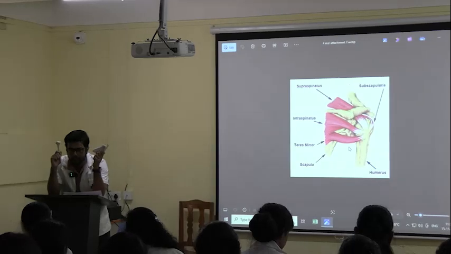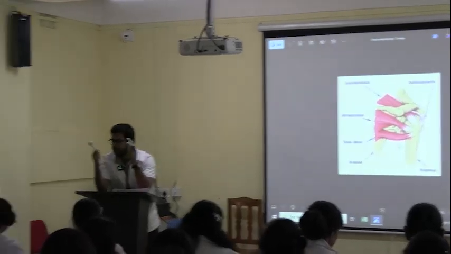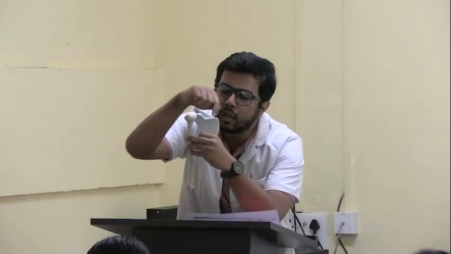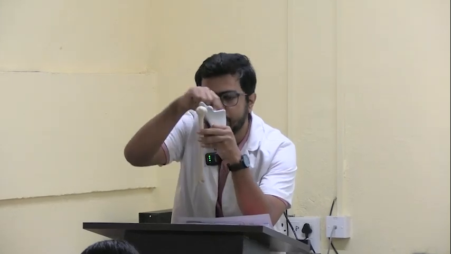If this is the scapula, right sided, this is the humerus, right sided, they join to form the shoulder joint. Supraspinatus, infraspinatus, and teres minor, all the fibers come here and attach here. So if you don't study, again you won't understand.